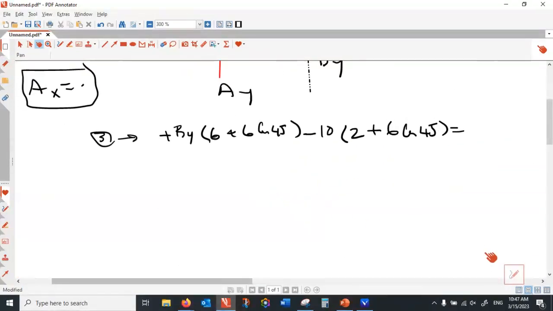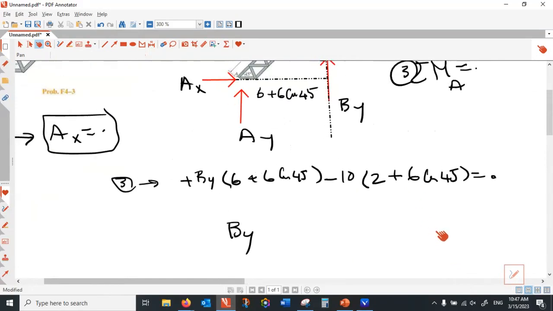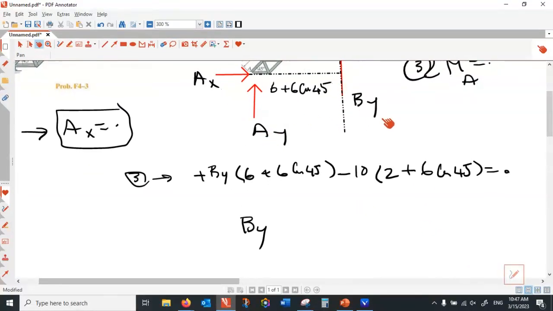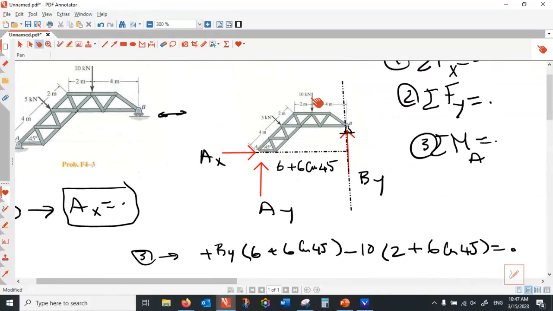And that equation has only one unknown. So here I can work out By. And now that I have By, all I have to do is Ay plus By is equal to 10 kilonewton. So I take away By from 10 kilonewton. 5. Yes, yes, thank you for that. I almost missed it. Thank you, Nguyen.